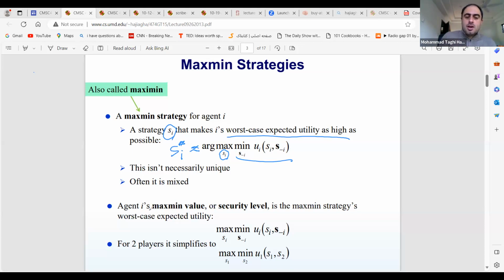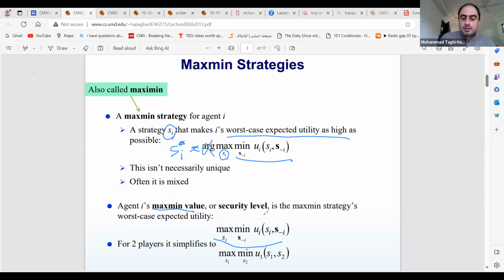Here, agent i's maximin value would be the value if we take s star i. Argmax reports the actual strategy, while if you remove arg, then that's the value.